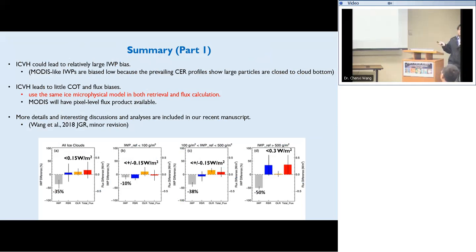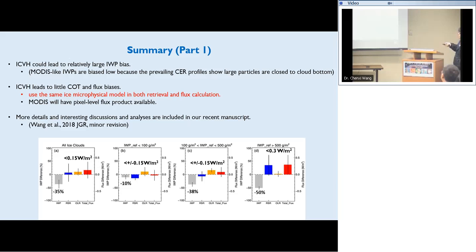Okay, so for the summary of the first part, ICVH could lead to a relatively large IWP bias and little impact on COT and flux biases. You can see this conclusion from this figure. Here you have gray bars, which mean the IWP bias. This is global average.